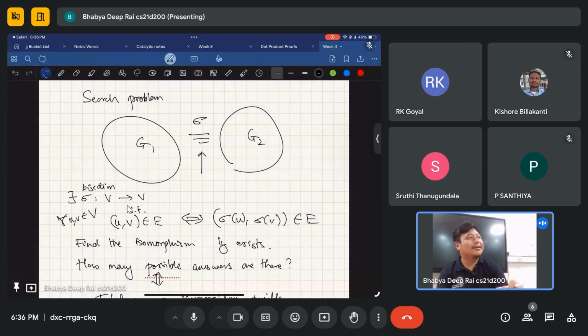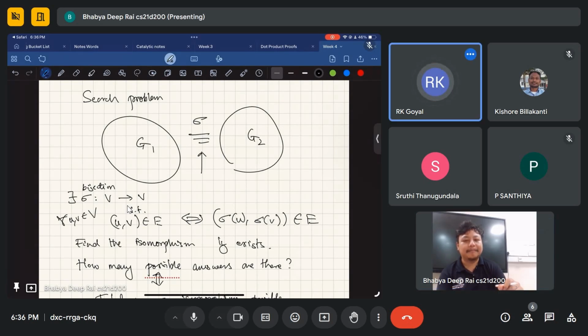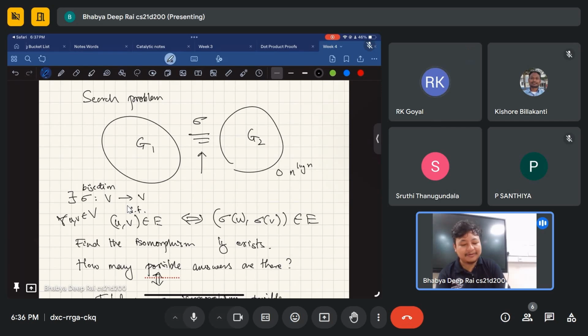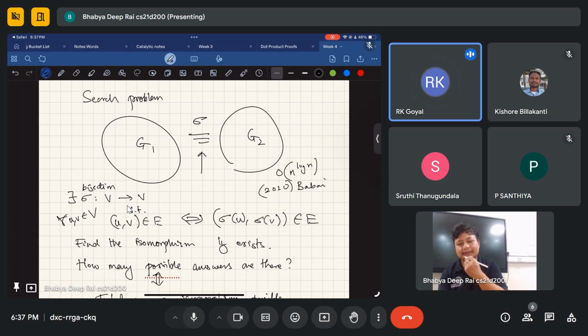Do we have a randomized algorithm for graph isomorphism? I am not sure about that. But there is an algorithm which runs in time of the order of n raised to the power of the order of log n. This is a Babai result, which was I think in 2020. 2015.